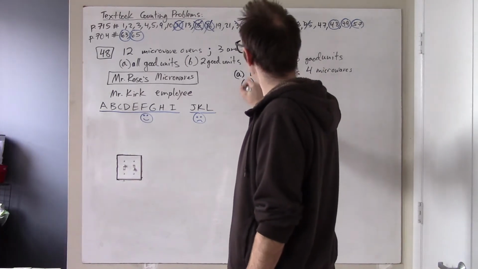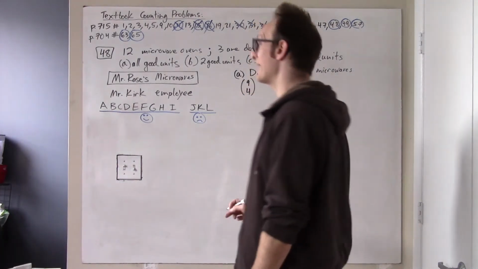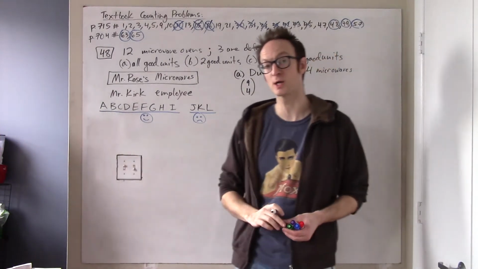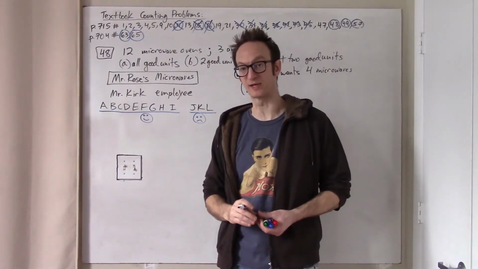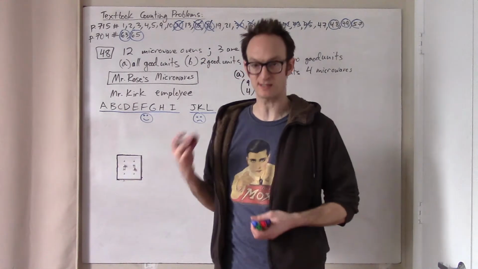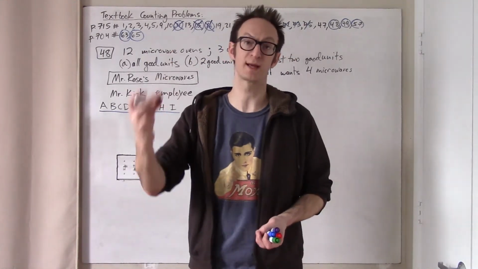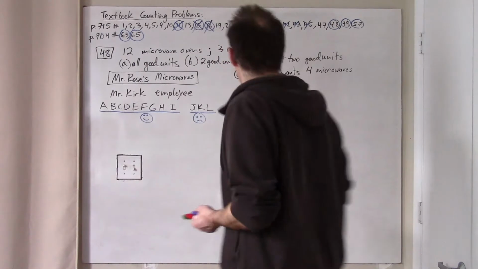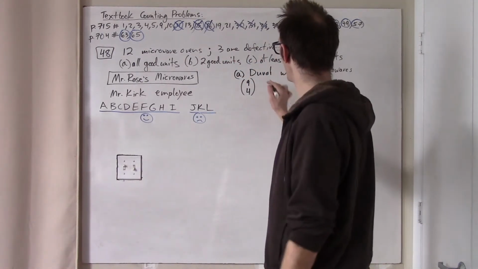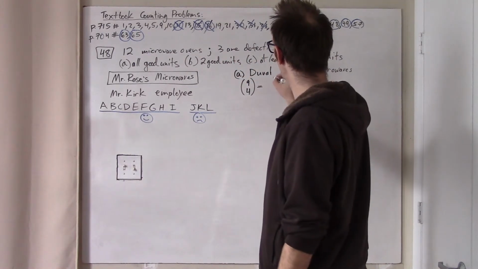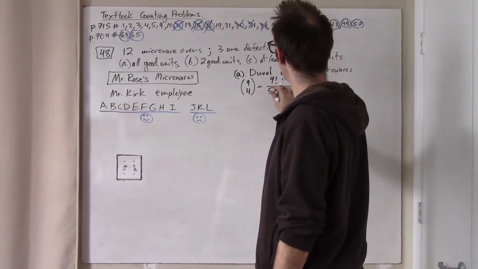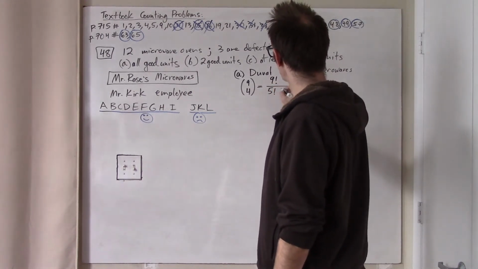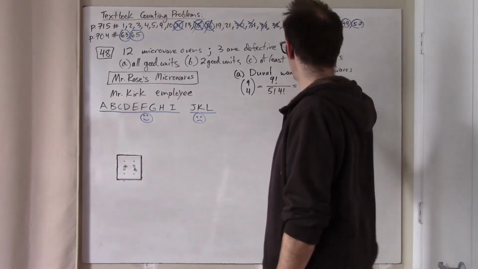So there are 9 choose 4 ways to pick 4 working microwave ovens from the set of 9 working microwave ovens. And what is 9 choose 4? I kind of want an answer here. Well, it's 9 factorial over 5 factorial times 4 factorial. I think I can just do this, right?